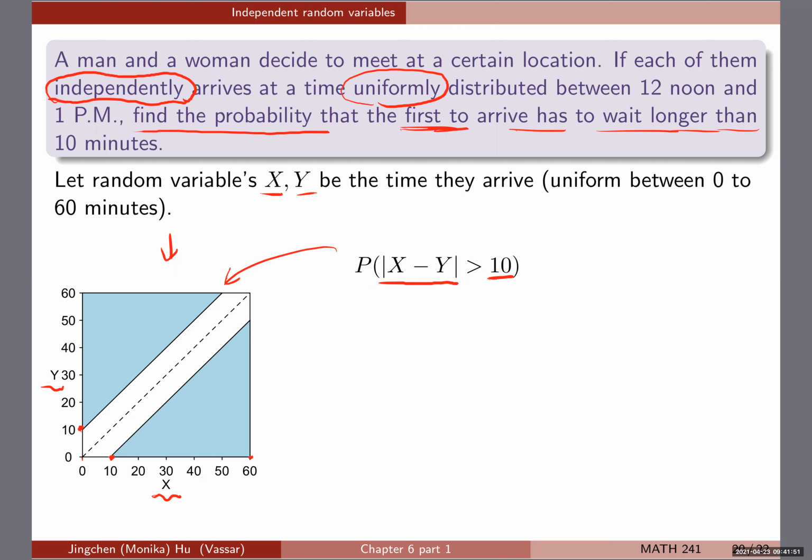With this in mind, we can try to graph it out. You can either start to do it directly or simplify this mathematical notation a little bit more. The absolute value of the difference greater than 10 corresponds to this event that we're interested in. Of course you can break it into two cases, because it's absolute value greater than 10, so it's either Y is greater than X plus 10 or Y is smaller than X minus 10.